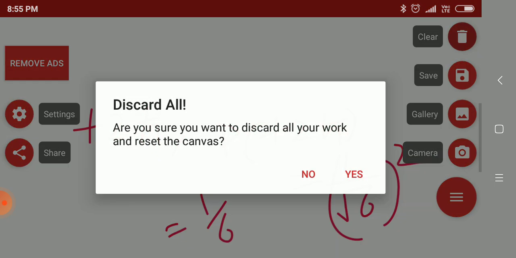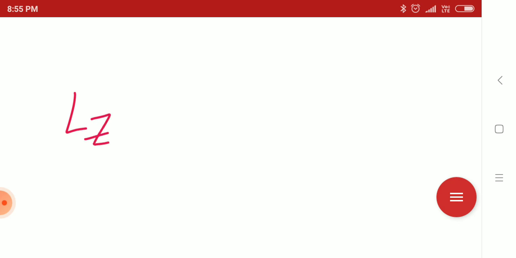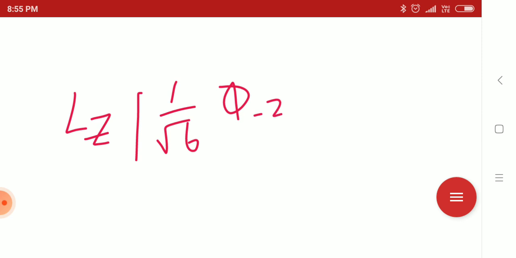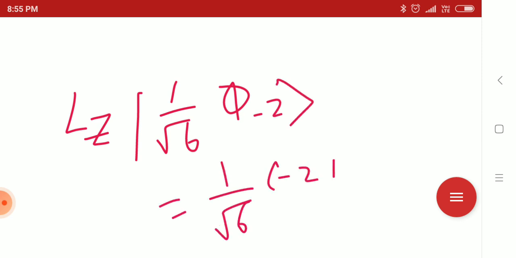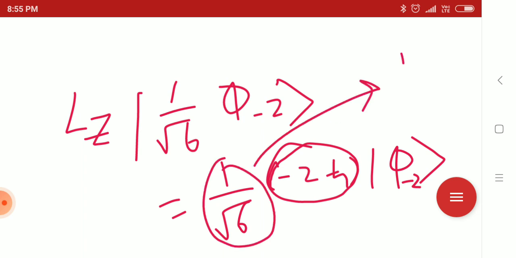Similarly, if Lz operates on phi minus 2, that means Lz 1 by root 6 phi minus 2, it will give 1 by root 6 minus 2 h cut phi minus 2. So the possible outcome is minus 2 h cut, and the probability for this outcome is 1 by root 6 square, that is 1 by 6.